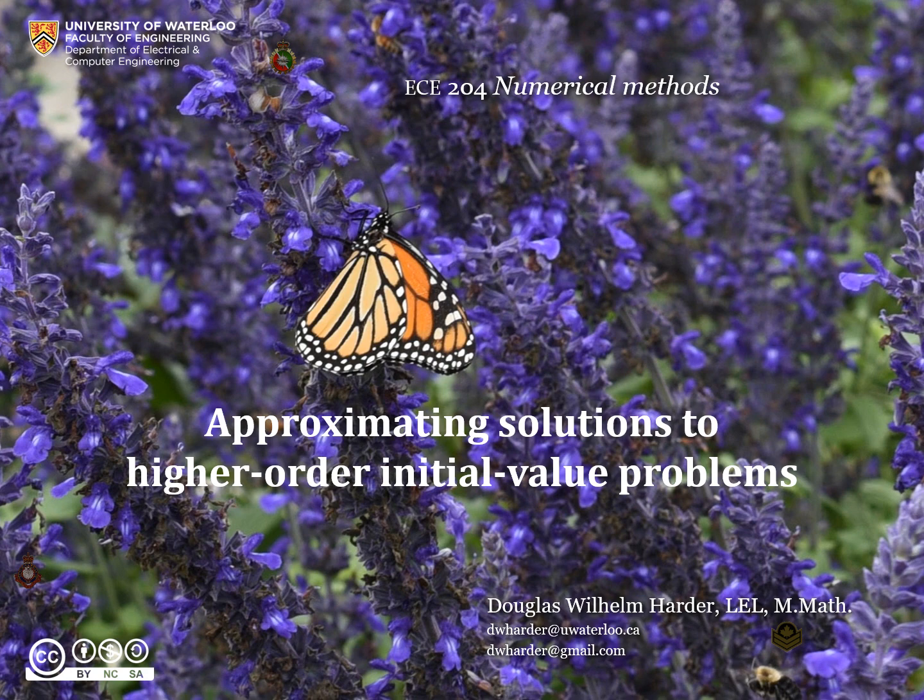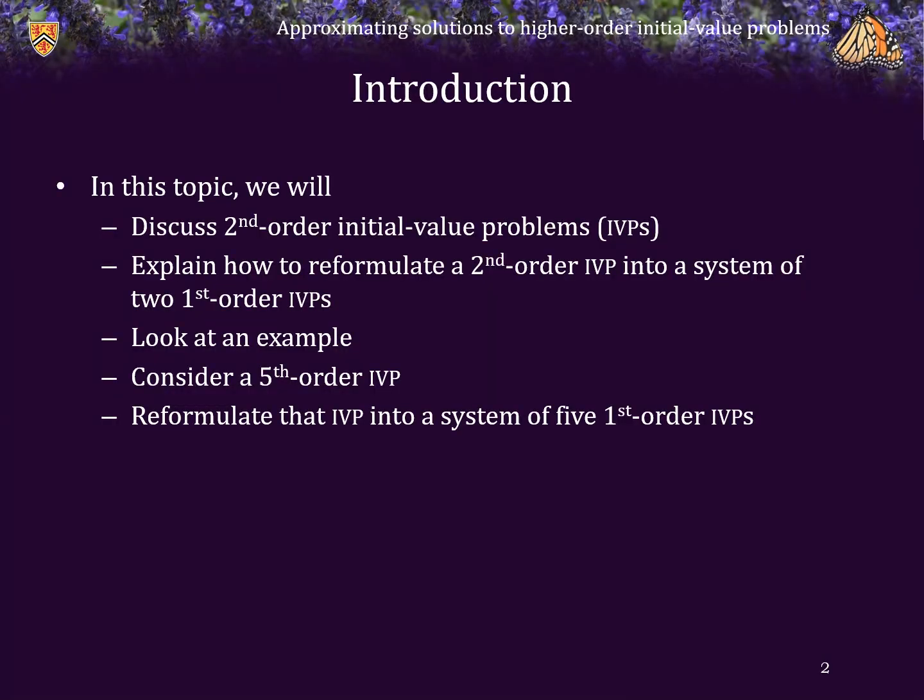In this topic we're going to look at approximating solutions to higher order initial value problems. So in this topic we will start by discussing second order initial value problems. We will then explain how to reformulate a second order initial value problem into a system of two first order initial value problems.